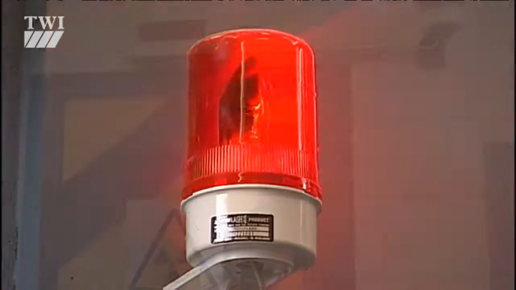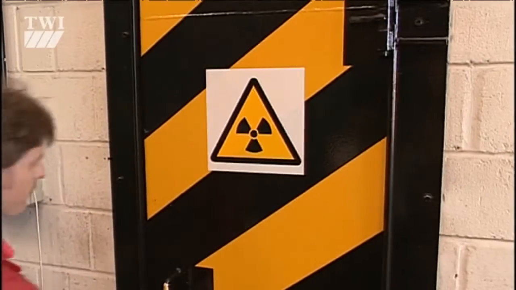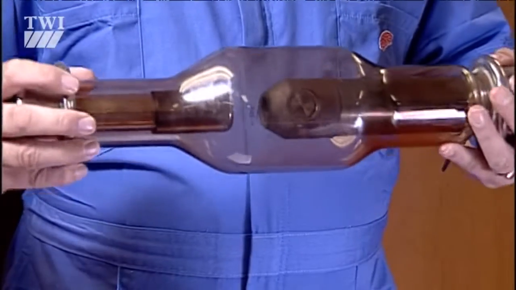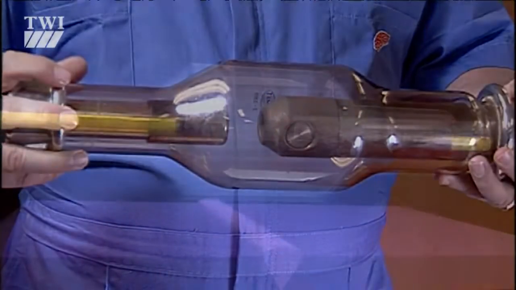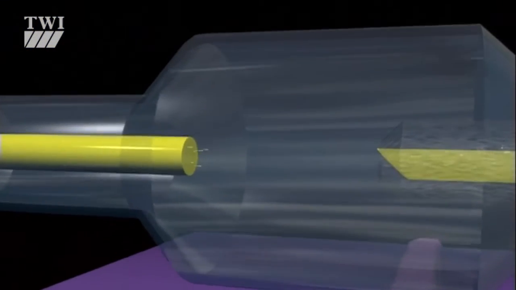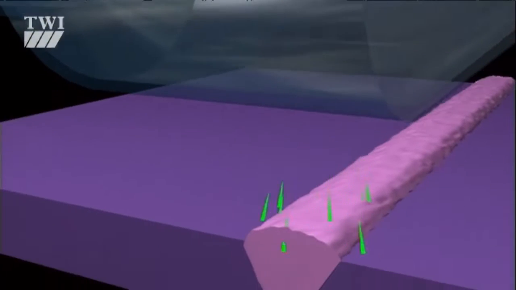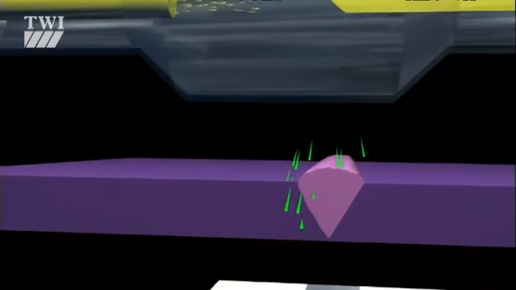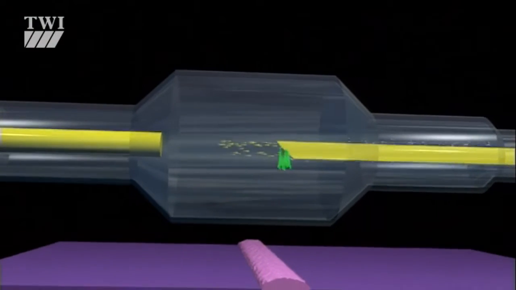Now, radiography is an entirely different type of non-destructive testing. X-rays are produced by directing a stream of high-velocity electrons across an evacuated chamber against an angled target material. The X-rays pass through almost every material and can be detected by a sensitive film on the other side.